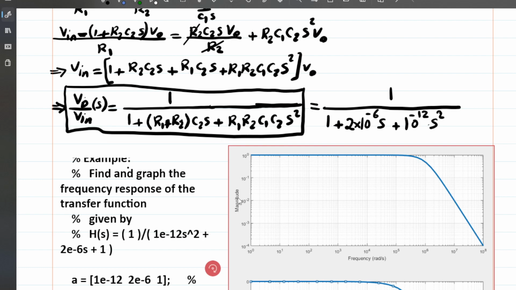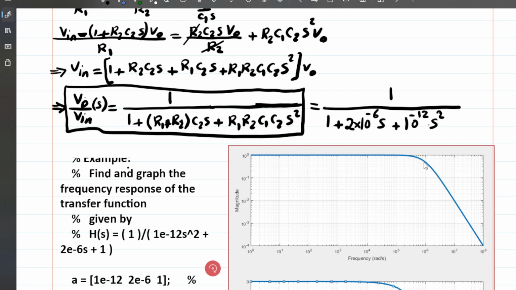On the y-axis, magnitude is 10 to the 0, or 1, basically a gain of 1. And 10 to the negative 1 is a gain of 0.1, which effectively means 20 dB down. So it's roughly passing up to close to 1 megaradian per second.